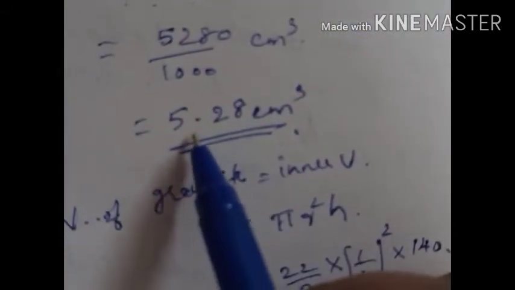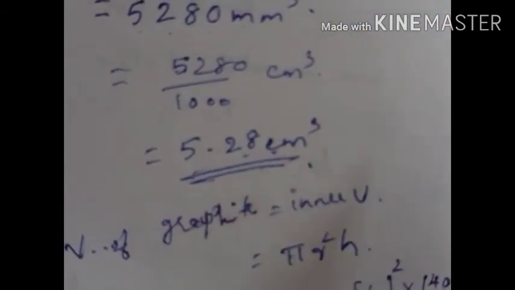If you want to convert this into centimeter cube, that is 110 by 1000 centimeter cube, that is equal 0.11 centimeter cube. 0.11 centimeter cube is the volume of graphite and volume of wood is 5.28 centimeter cube.